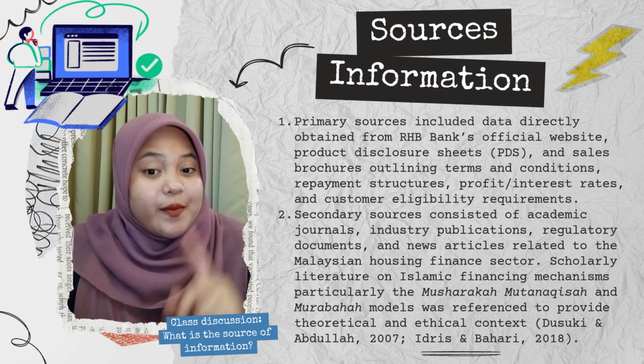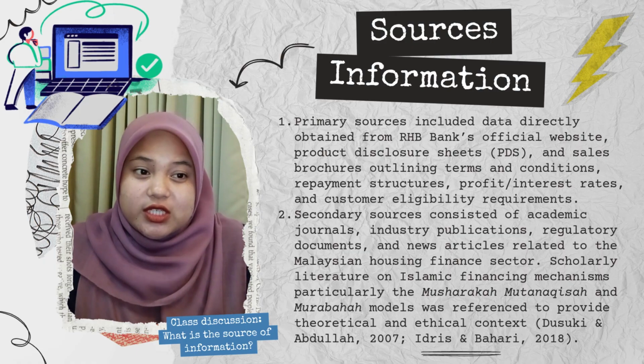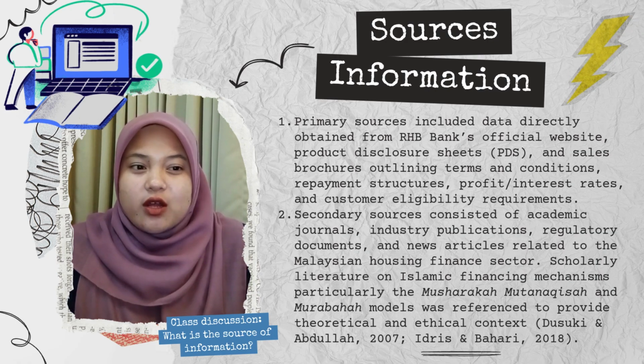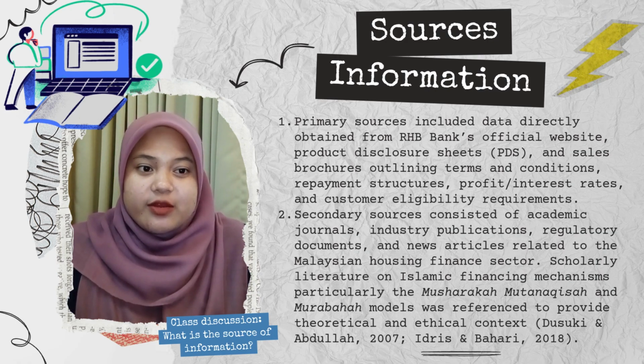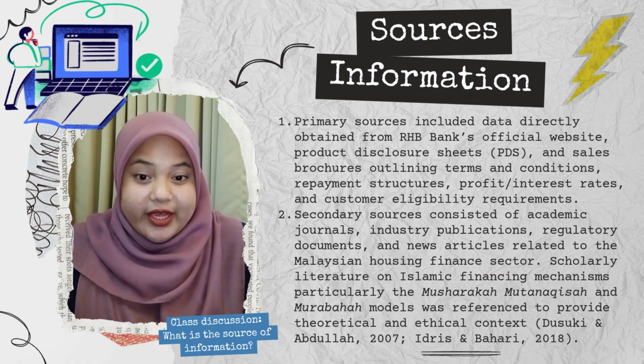And for sure, there are sources of information for this assignment. Number one, primary sources include data directly obtained from the RHB Bank official website, product disclosure sheets, or PDS, and sales brochures outlining terms and conditions, repayment structure, profit or interest rates, and customer eligibility requirements.